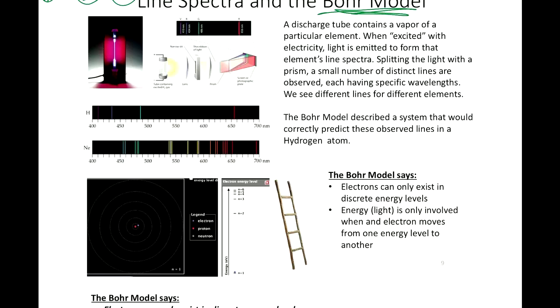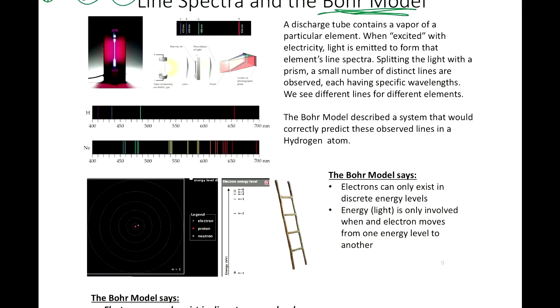When you climb on a ladder, you can only ever exist and be stable on a certain rung, right? Can you exist between two rungs on a ladder? No, you're not stable there. You'll just fall to the closest lower energy level or lower rung in that case. So you can think of these energy levels as rungs on a ladder that electrons are allowed to reside in.